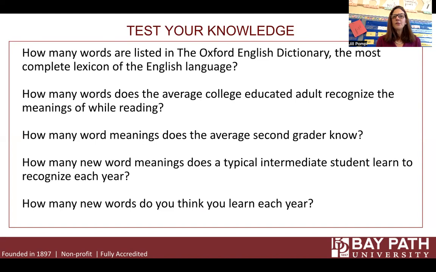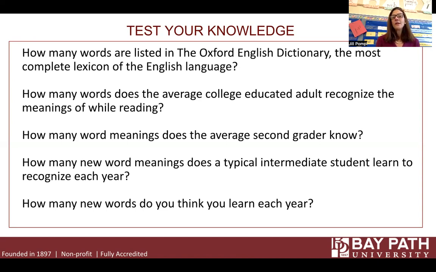Now, how many words do you think the average college-educated adult will recognize the meanings of while they're reading? Well, according to Susie Dent, the average active vocabulary of an adult English speaker is around 20,000 words, while their passive vocabulary is closer to 40,000 words.